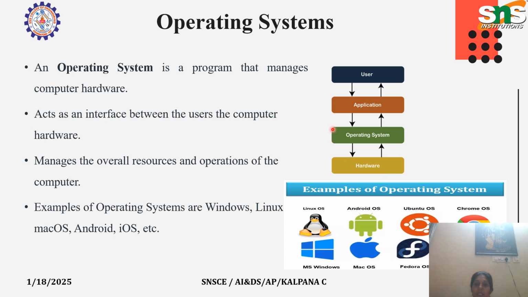And for a while, just forget about this operating system. I'll explain what is the role of operating system, then we can relate with this diagram. So users are nothing but users, and next is the application.